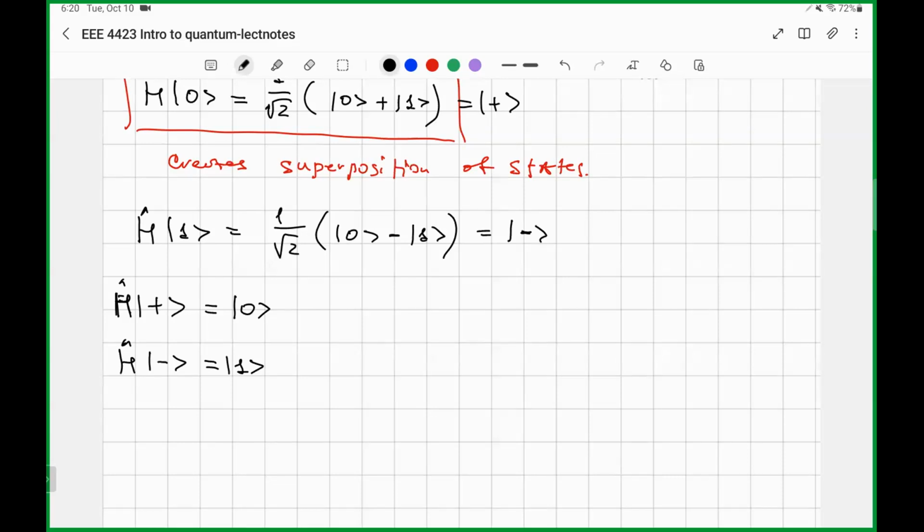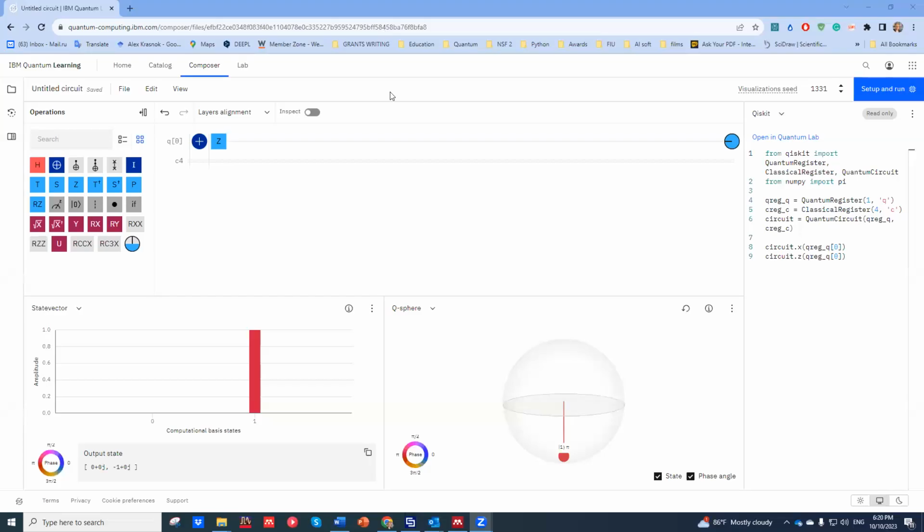All right, so let us go to the IBM Quantum. Okay, and I remove these two. So I start from a qubit in the state 0. I see that here in the state vector representation.